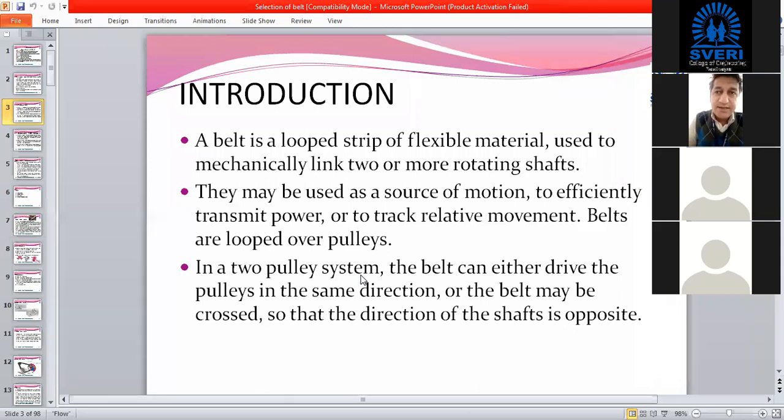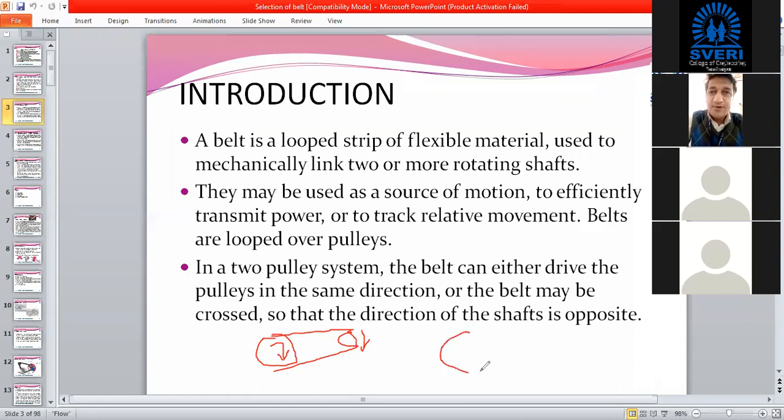Second case is that in case of belt drive, you can rotate the pulleys in the same direction as well as in the opposite direction. So when we are going to rotate pulleys in the same direction, open belts are used. That is, if this pulley is rotating in clockwise direction, this pulley is also going to rotate in the clockwise direction in case of open belt drive.